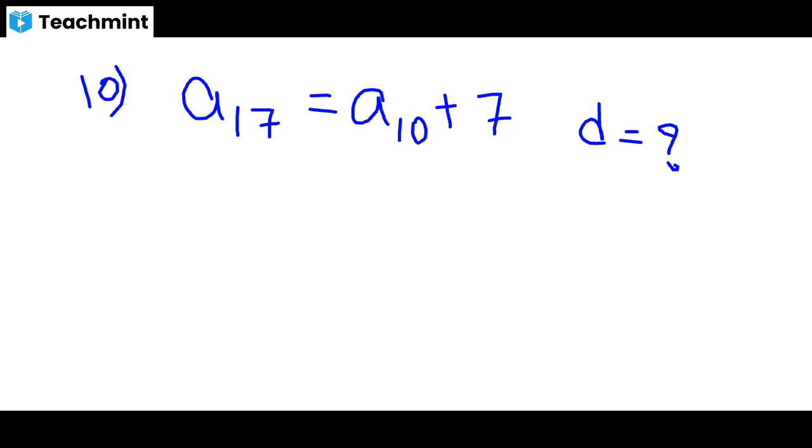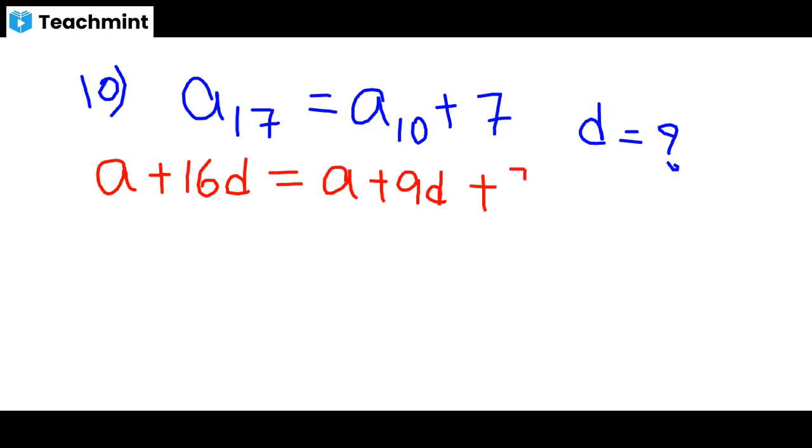Now what can you write in place of A17? A17 can be written as A plus 16D. Miss, it's A plus 15D. Now A10 can be written as A plus 9D, and plus 7 as it is.